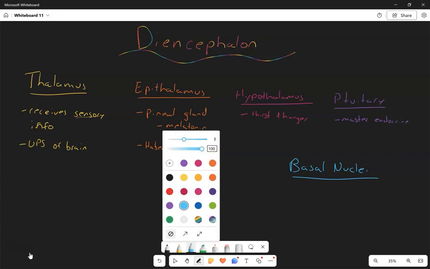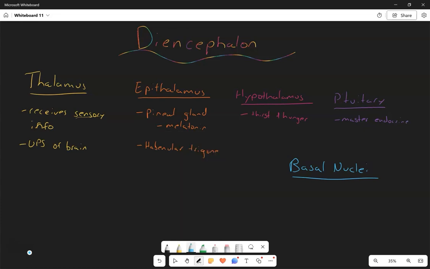And then your basal nuclei, I'm going to put in parentheses here ganglia, because you'll see this term as well. You'll see them called basal ganglia. I use the term nuclei because ganglia are typically reserved for collections of cell bodies in the peripheral nervous system, whereas nuclei are collections of cell bodies in the central nervous system.